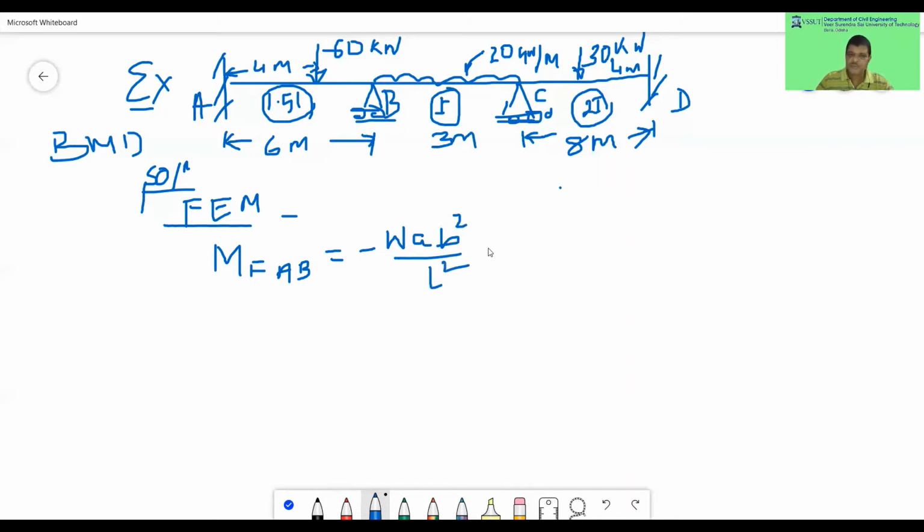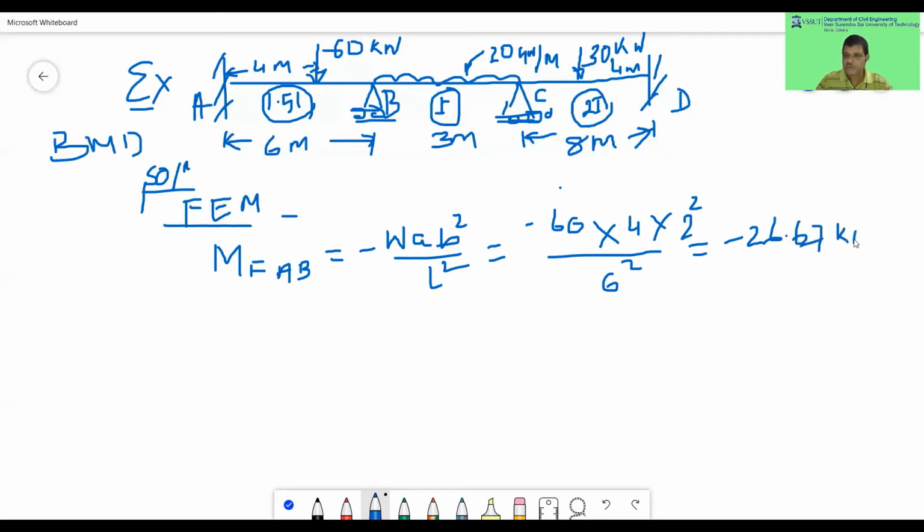Already you know. So put the values: minus 60, a is equal to 4, b is equal to 3 squared, divided by 10. So this comes out to be minus 26.67 kilonewton meter. Calculate by your calculator.